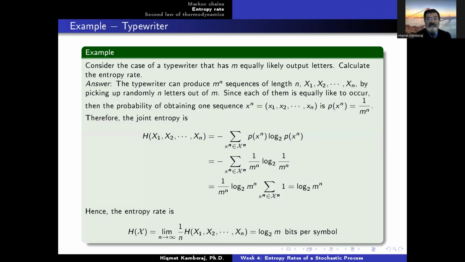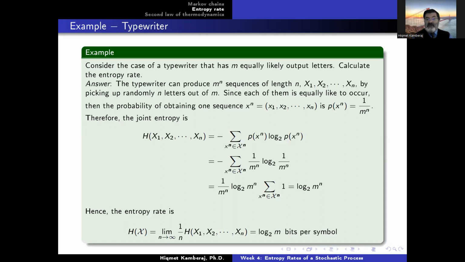Consider again this example: a typewriter that has m equally likely output letters. I have to calculate the entropy rate of this one. Since the typewriter has m equally likely output letters, if I have a sequence of length n, it is going to produce m to the power n sequences of length n, X1, X2, ..., Xn, by randomly picking n letters out of m.